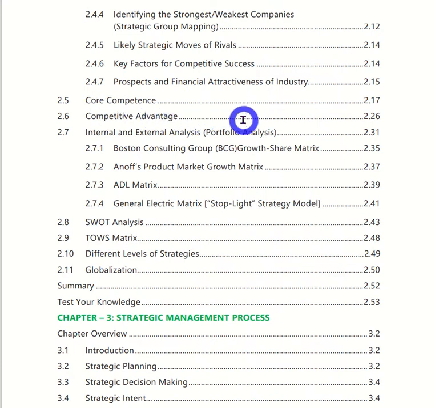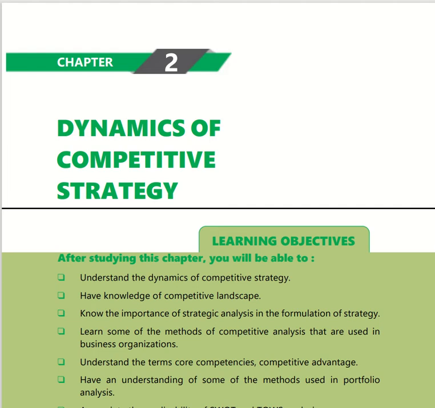So we will be hoping to cover till competitive advantage in today's session. With this, let me take you all through the detailed chapter as part of the study material. So here on the screen, we notice that we are taking a plunge into chapter 2, which is Dynamics of Competitive Strategy. The learning objectives are listed here very clearly.